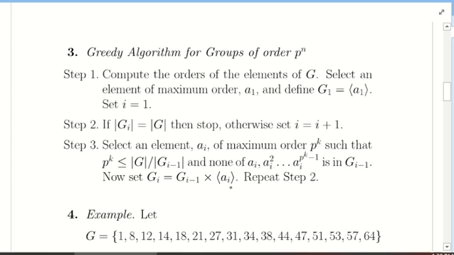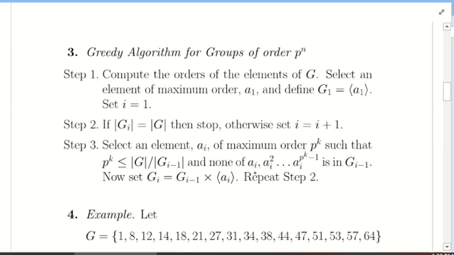In other words, we want to be able to show that G sub I is an internal direct product of the previous iteration times the cyclic group there. To do that, we would need to show that the intersection between G sub I minus 1 and this cyclic group is the identity.